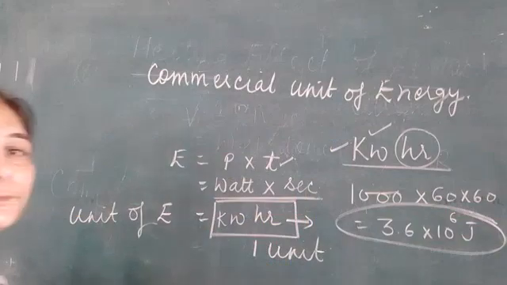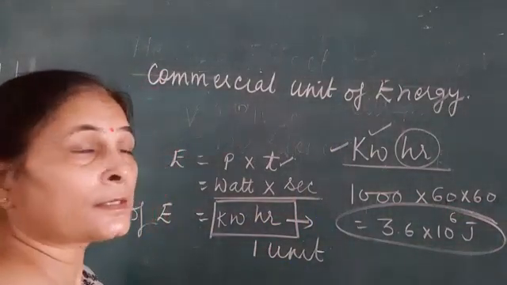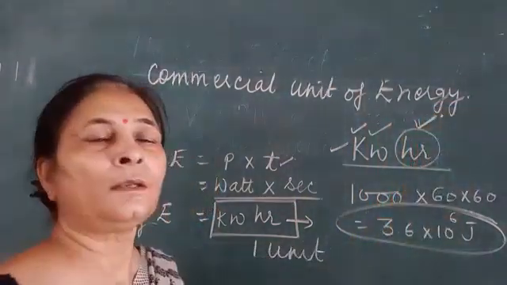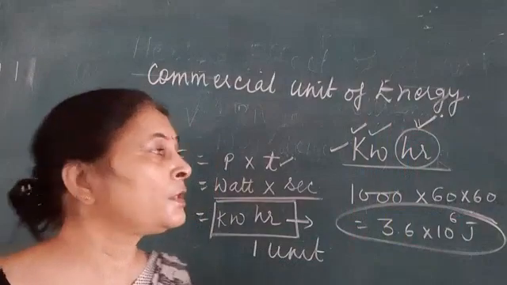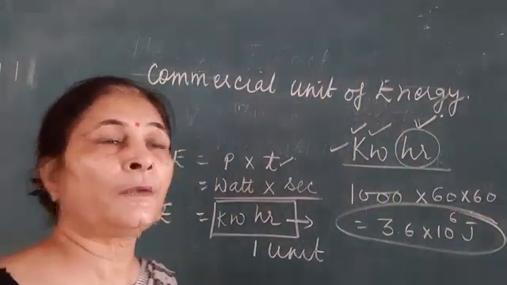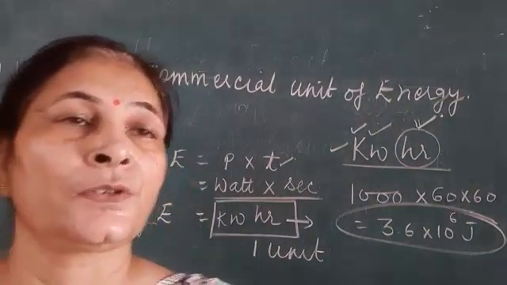Alright. 1 unit of electricity is when 1 kilowatt power is used for 1 hour. So this is about electrical power, unit of electrical power, unit of energy, and commercial unit of energy. Thank you.